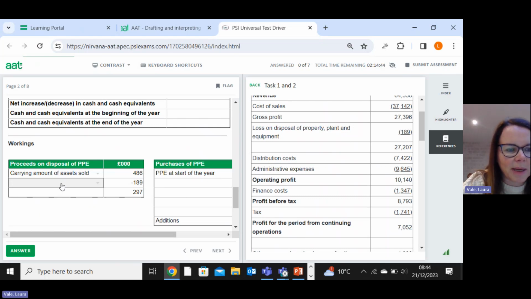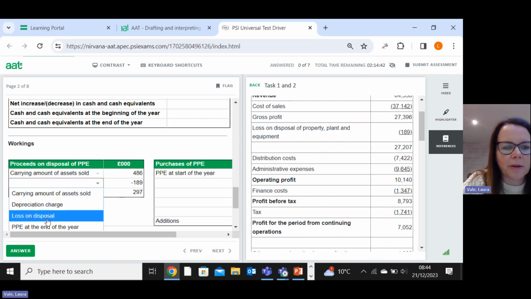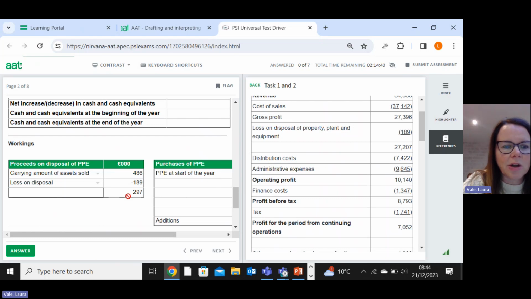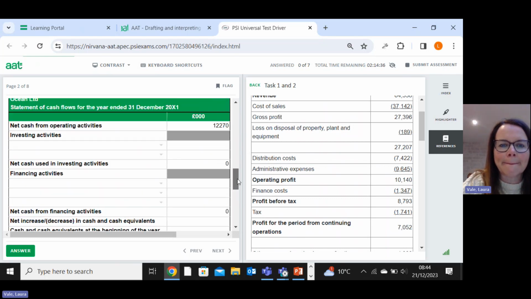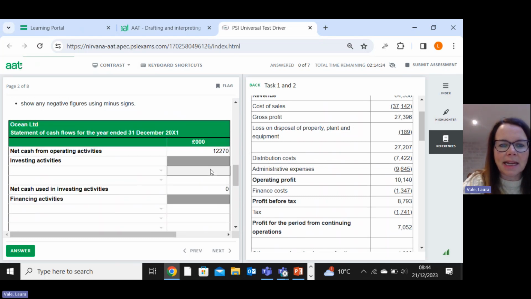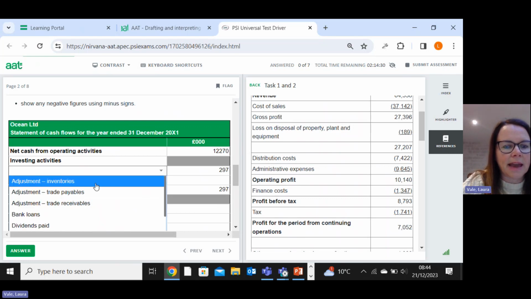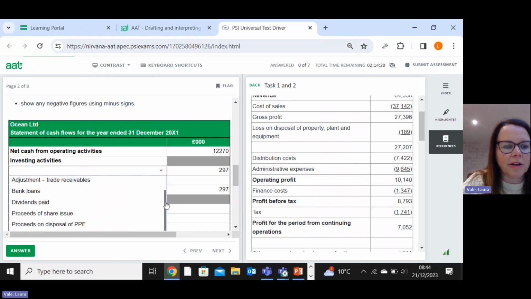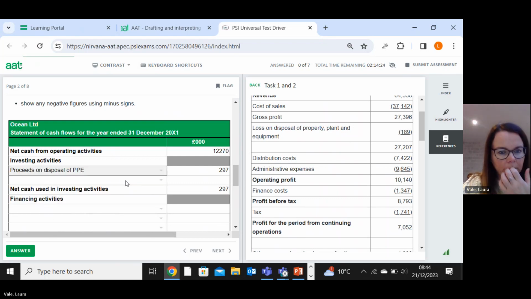Loss on disposal. Right, so that 297, which is a positive number in the working, is going in as the money received here, and that will be my proceeds on disposal.